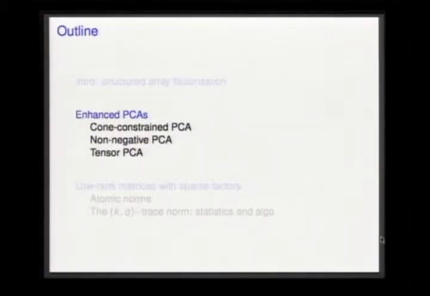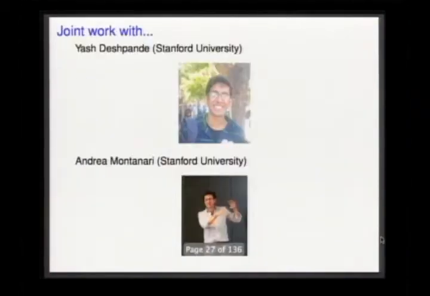I'll discuss a bit more one of these cones, the non-negative orthant, because it has good motivations, and also we have finer results on that. Then I'll quickly discuss what happens in the case of tensors, so higher-order arrays of order 3 or more.